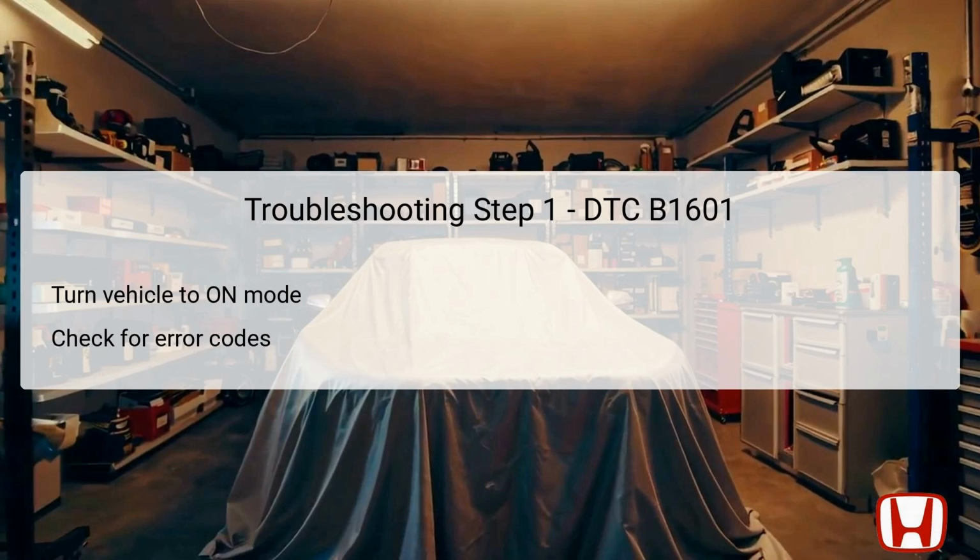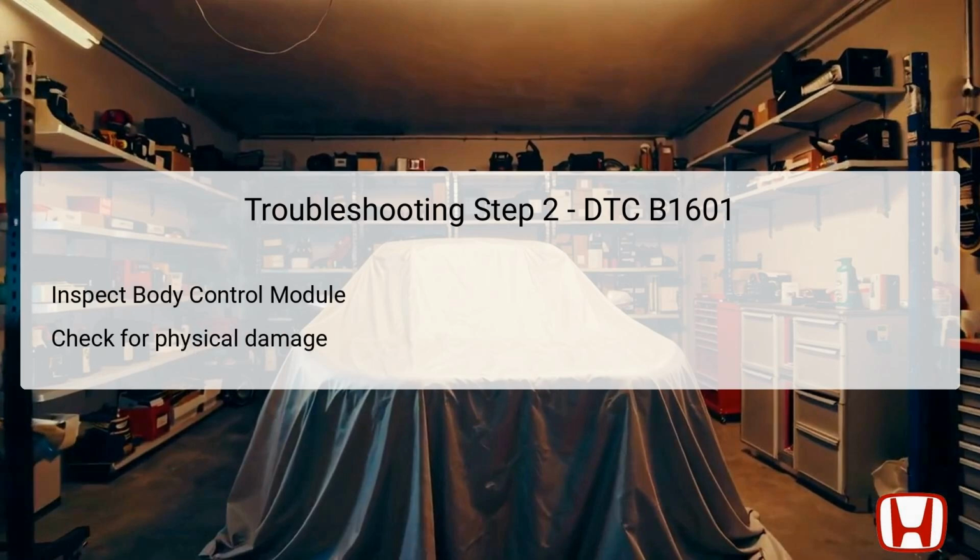This process allows technicians to confirm whether the DTC B1601 is present and if any additional codes exist that may be linked to keyless access issues. Understanding this step is vital as it sets the groundwork for further diagnostics by providing initial insights into the vehicle's status.